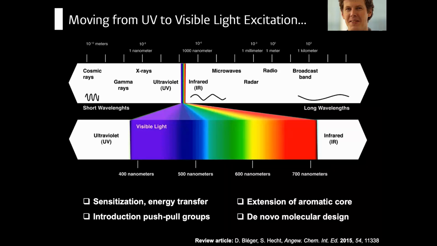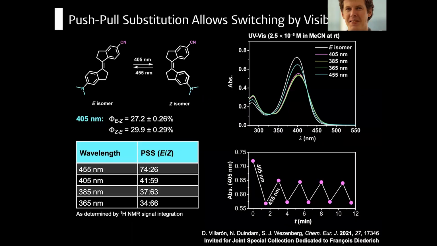I want to show one example today where we introduced push-pull substituents. In this case, we introduced a dimethylamino and a cyano substituent. Because of that, the absorption wavelength is slightly redshifted, and with that, you can just use a longer wavelength light to isomerize them.